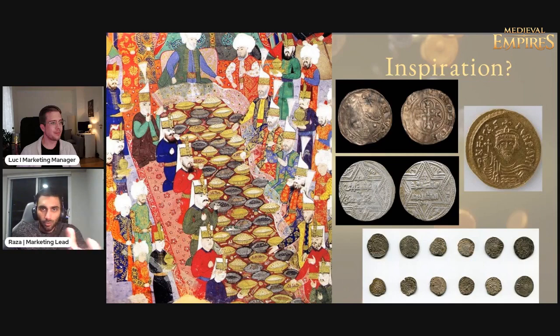Like you can see on this slide, these are the actual historical coins which served as inspiration for us. They look very different because they belong to different dynasties and different times.